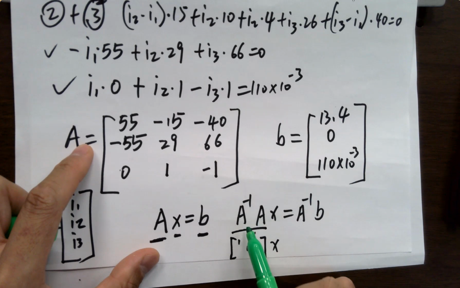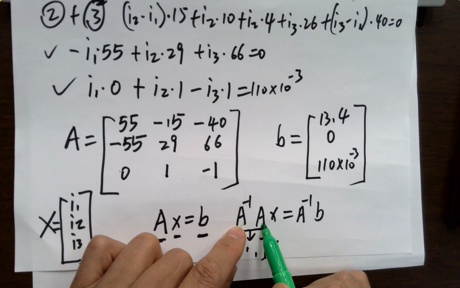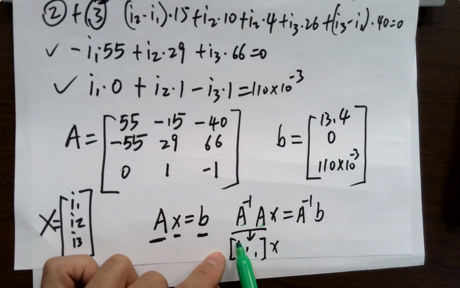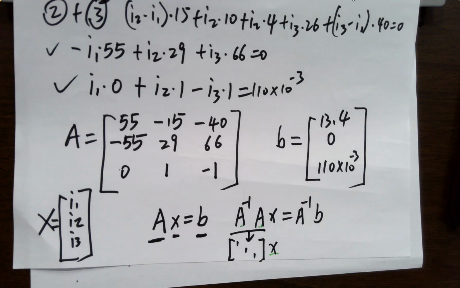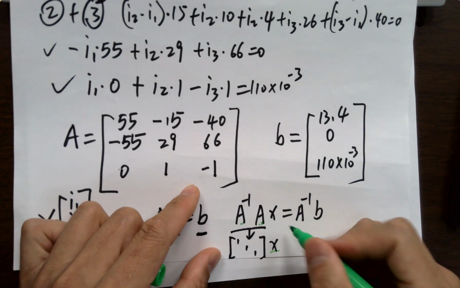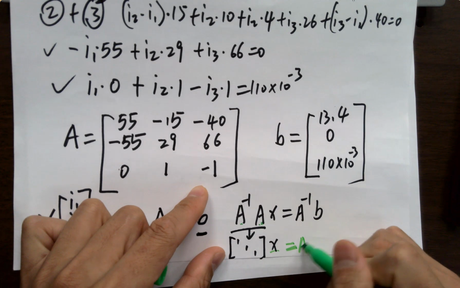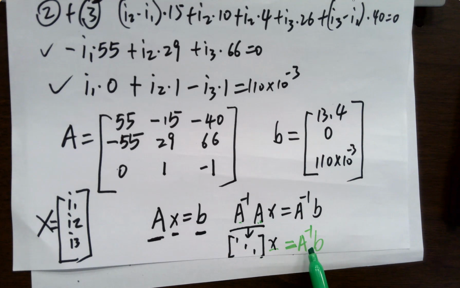And you know that because we can combine these two, since it's next to A. So the inverse times A, the inverse matrix times the original matrix, will give you a diagonal matrix like this with all the ones, which times X is still X. That's why we want to do it. And this becomes A inverse times B, and we can calculate this easily.